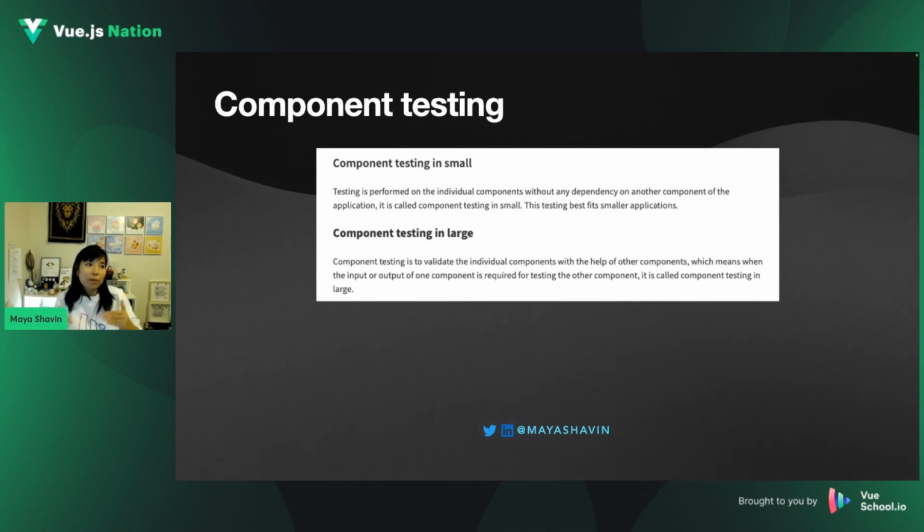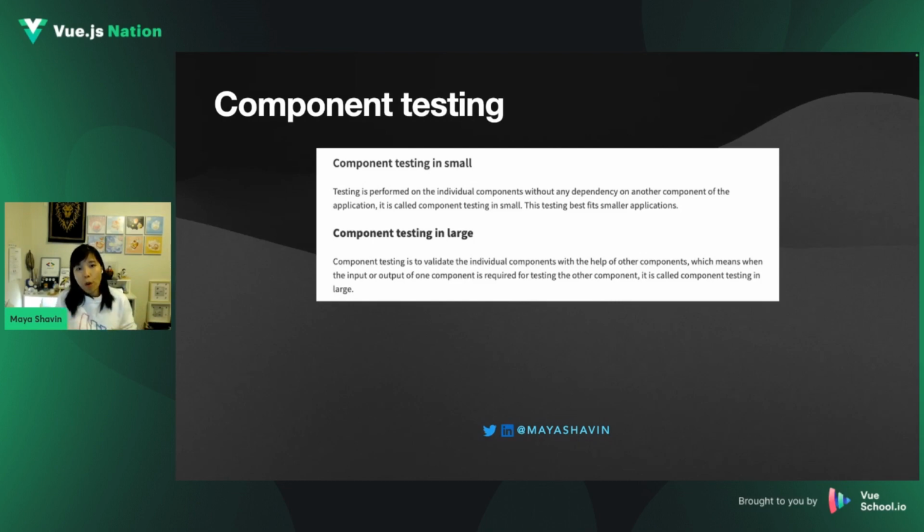It can be that some of the data used in that component's state relies on another component to be updated, or we use the output of this component to validate another component's input. This is called component testing in large. In other words, we can call it component testing as integration testing. The other, smaller scale is component testing in small, where everything is isolated.